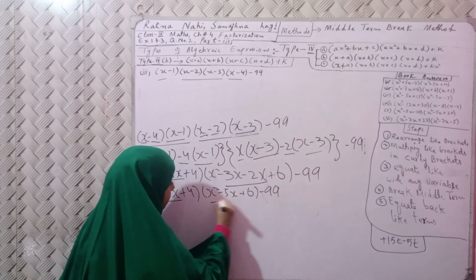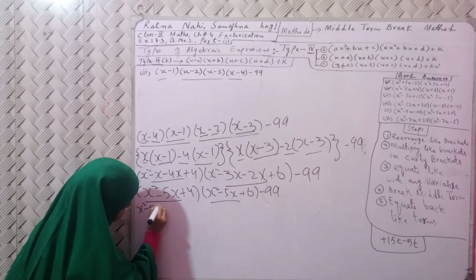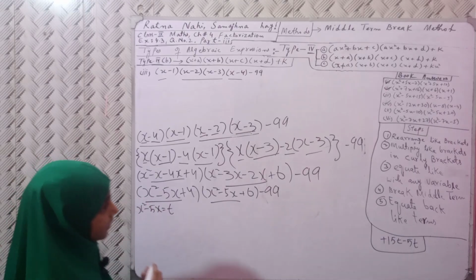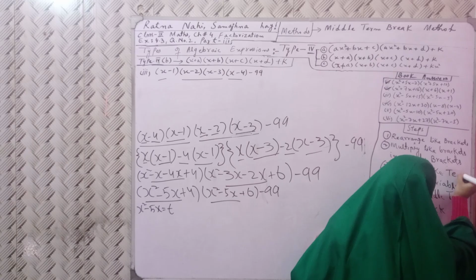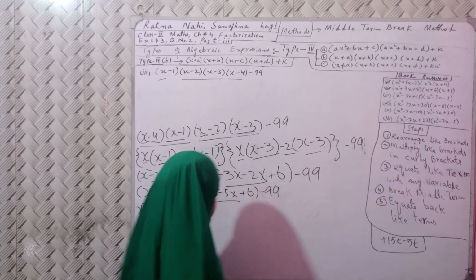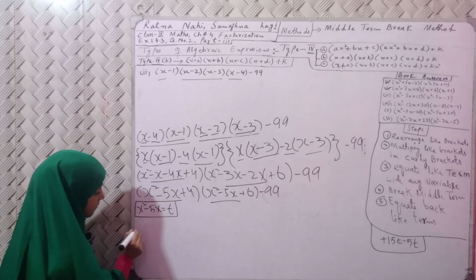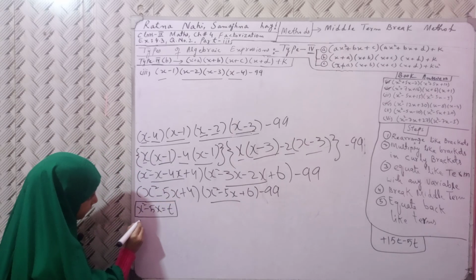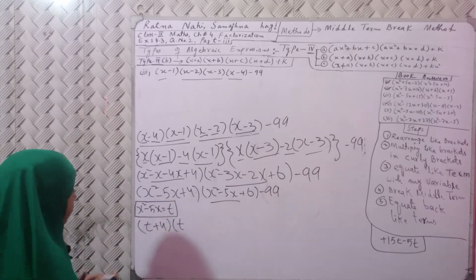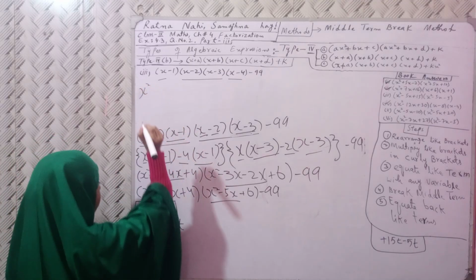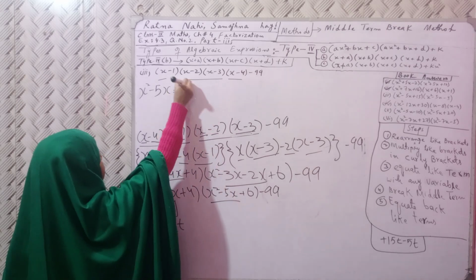Now this and this, x² - 5x is equal to t.